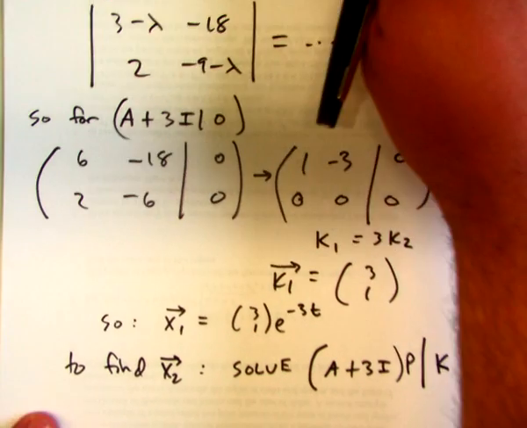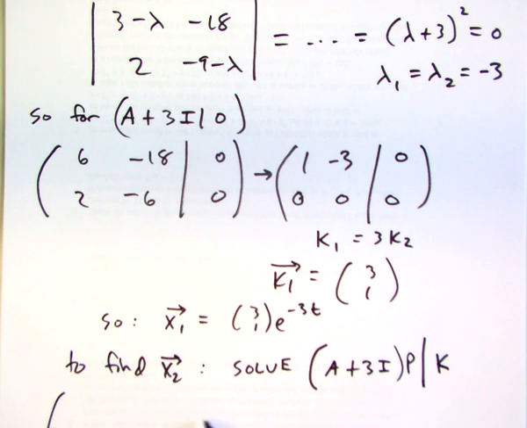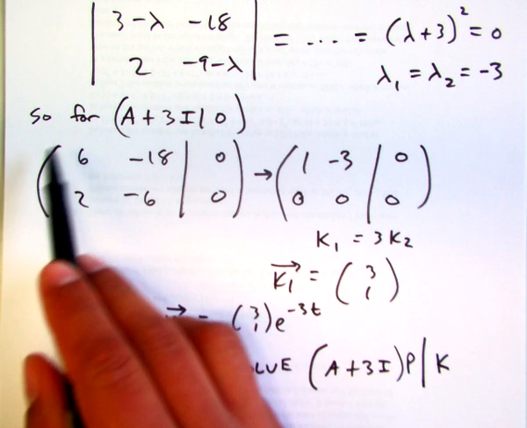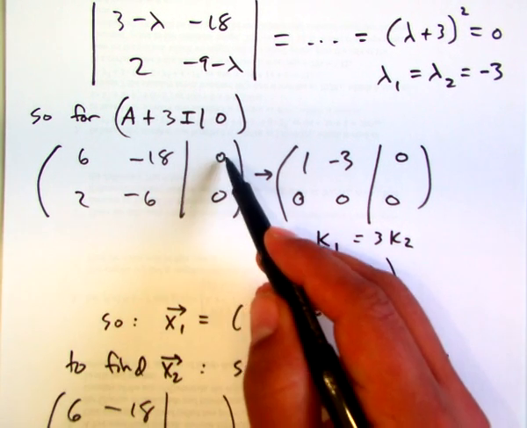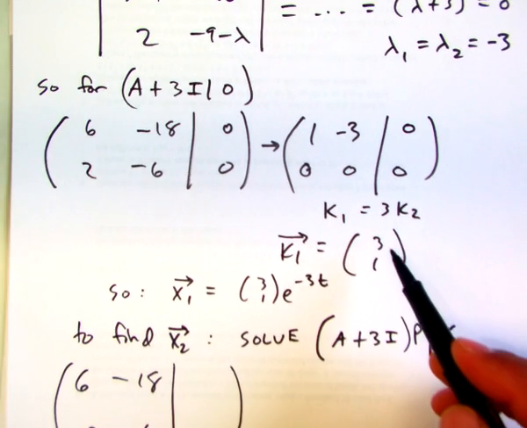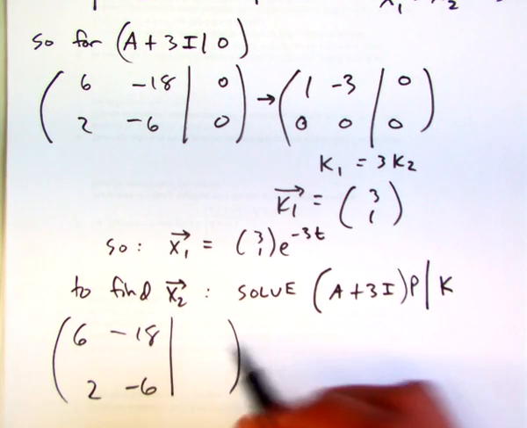Okay, so what we're going to do is take a look at the same exact scenario we have here. 6, negative 18, 2, negative 6. But instead of augmenting it with 0, we're going to actually plug in the eigenvector 3, 1. Okay?